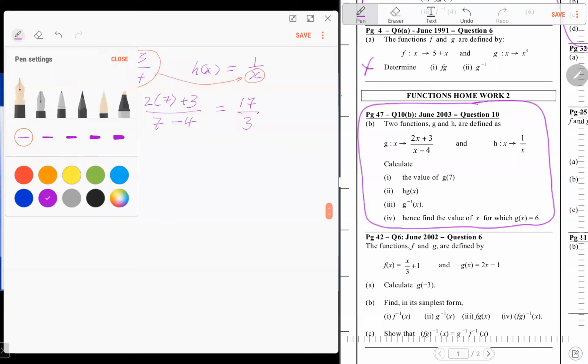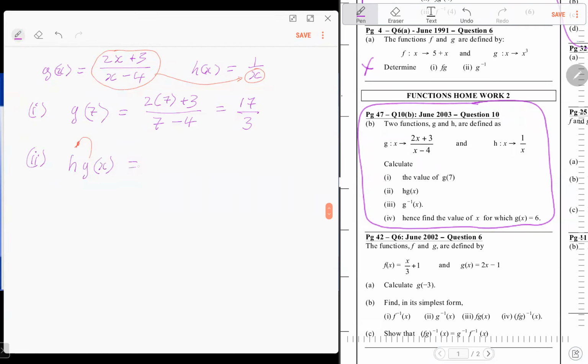So that becomes 1 divided by all of g, 2x plus 3 divided by x minus 4. When you divide by a fraction, you can invert and multiply. Everybody remembers that. So this really becomes 1 times x minus 4 divided by 2x plus 3.